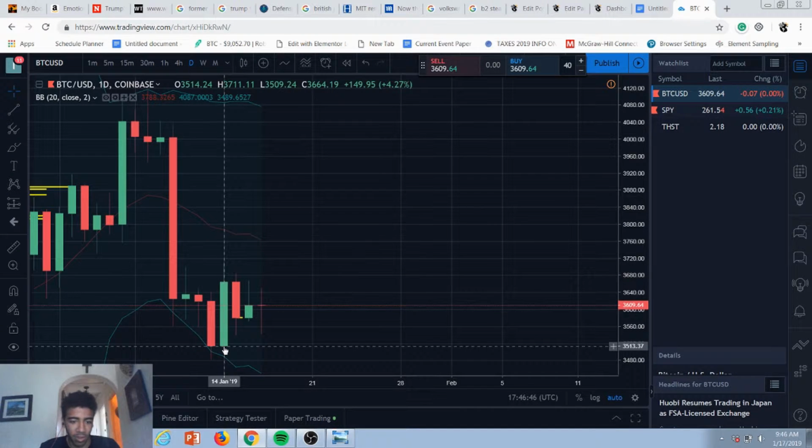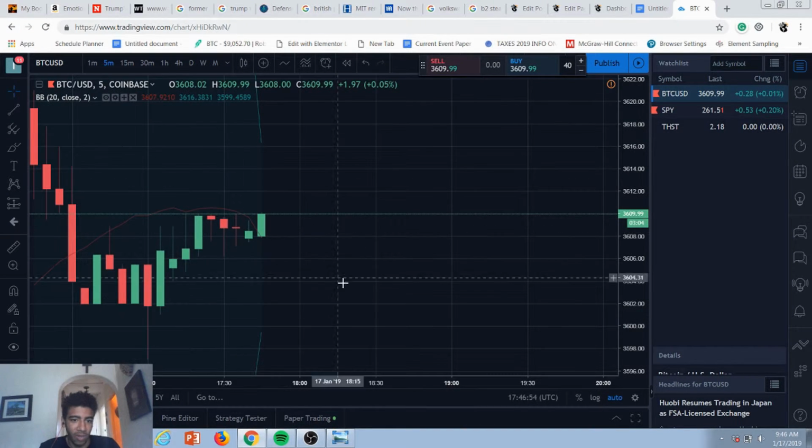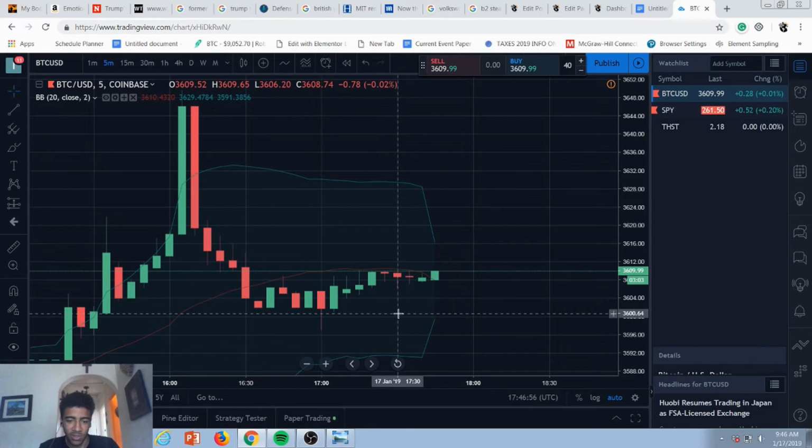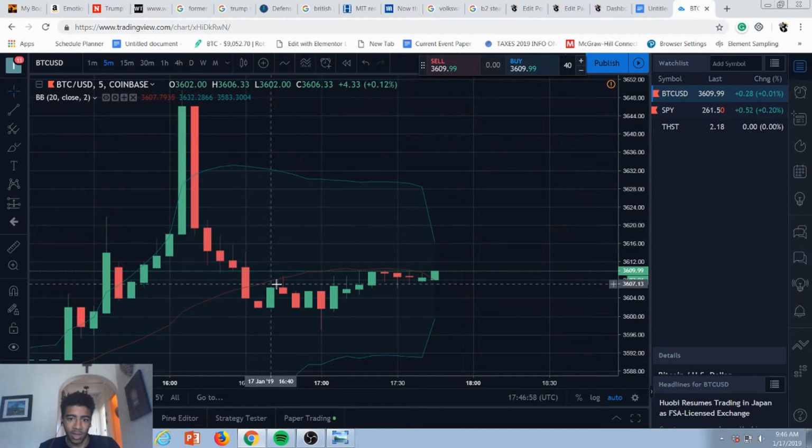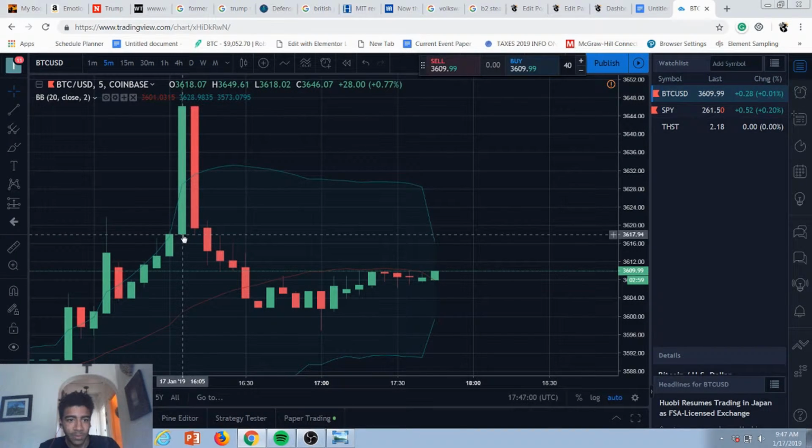This would be the opening price for the day. Now if I was on the 5-minute chart and I zoomed in and I went to this candlestick right here, this would be the opening price on the 5-minute candlestick of January 17th, 2019 at 4:05 p.m.